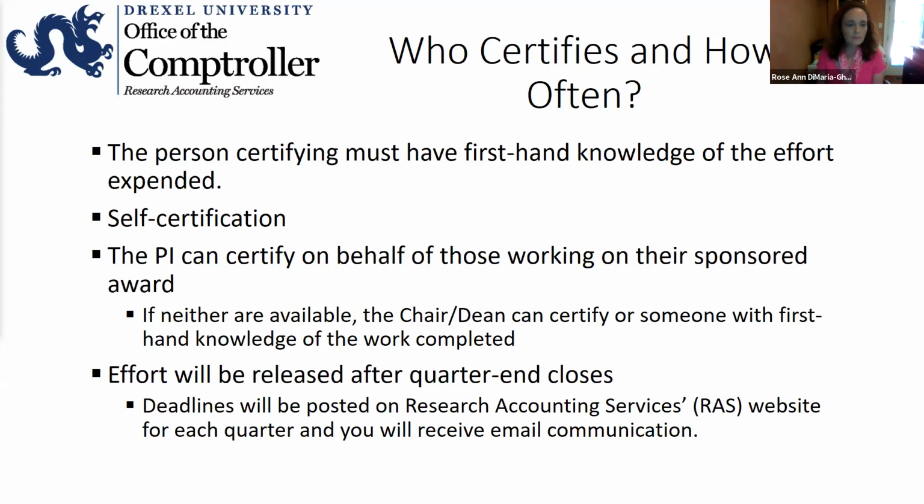So if the individual investigator is not available to certify, the PI can certify on their behalf, or the chair or dean can certify, or someone with firsthand knowledge of the work completed. But that's the key there. And again, Research Accounting Services does let you know when the deadlines are. It's posted on the Research Accounting Service website. Next slide, please.